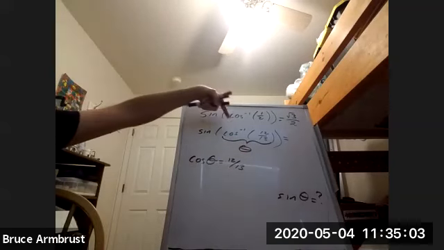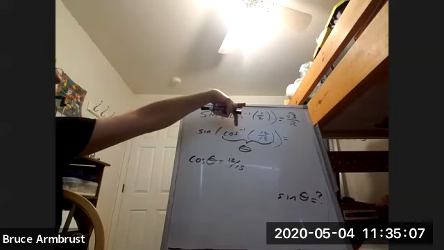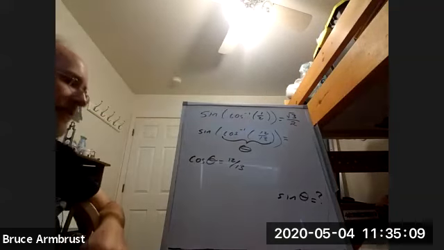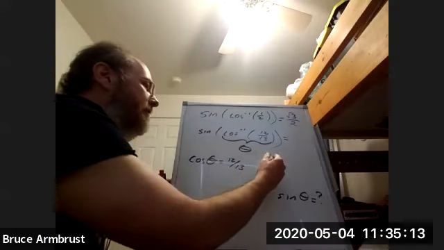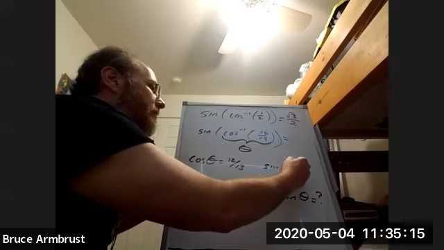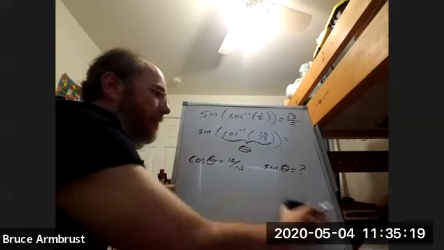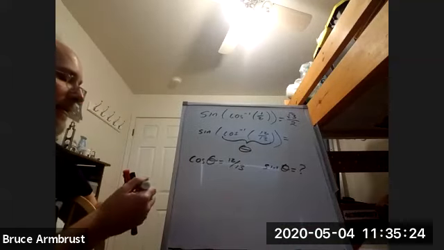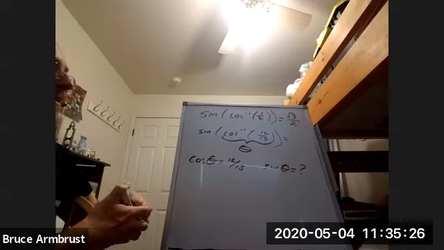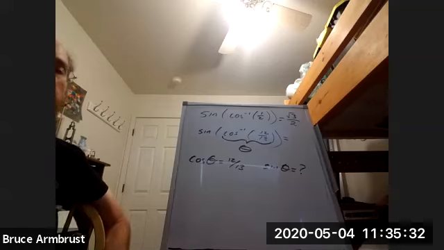And I know that because that's what this says: cosine inverse of 12/13 is saying find an angle whose cosine is 12/13. And still, what I'd really like to know is, what is the sine of theta? So it's exactly the same thing as we did last time, except this time we don't know this angle, but we do know its cosine value.